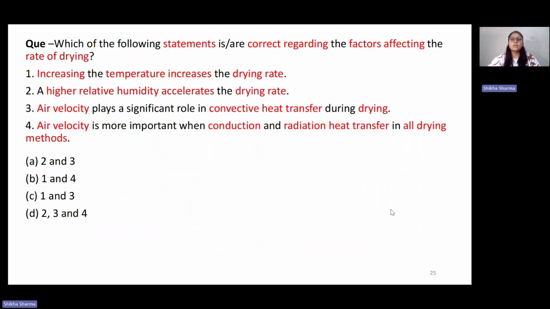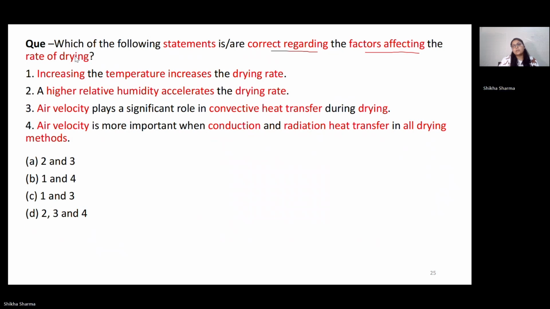Okay, so let's discuss drying. Which of the following statements are correct regarding factors affecting the drying? Humidity accelerates the drying rate. Air velocity plays a significant role in convective heat transfer during drying.